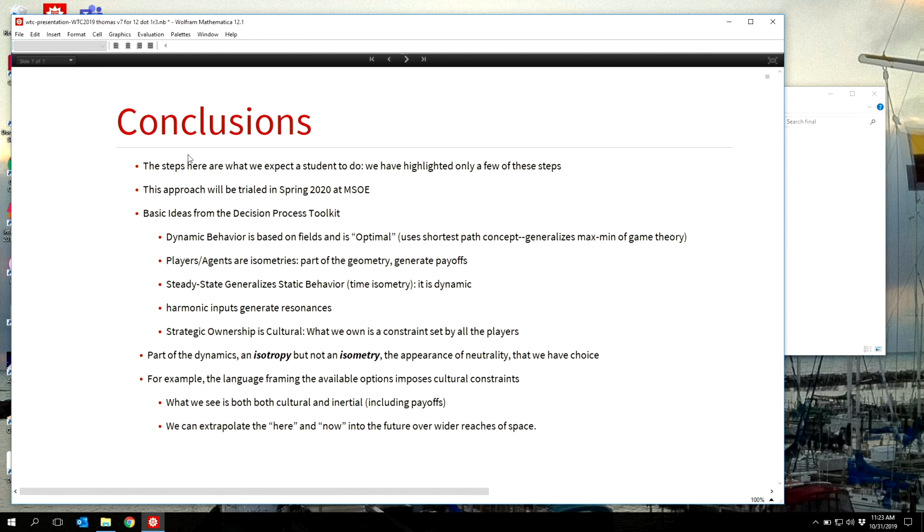If not, is it the fault of the underlying theory, or is it a fault of your lack of understanding of the various mechanisms that go into the model? Other thing that I hope they will learn is the behavior that we're talking about is still an optimization problem, but it is not the max-min optimization problem of game theory.